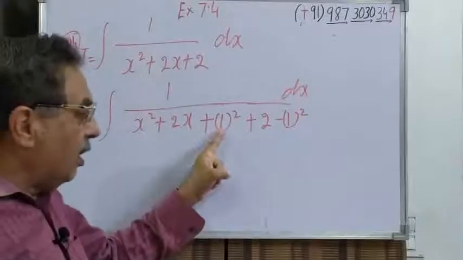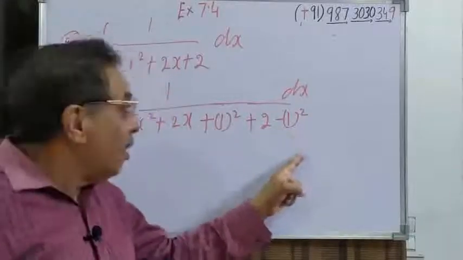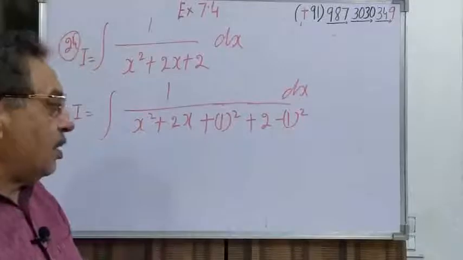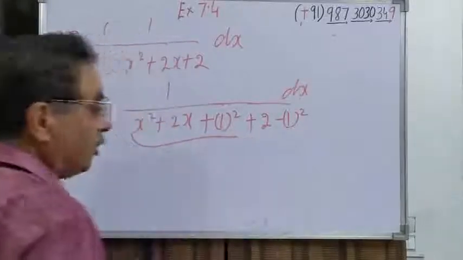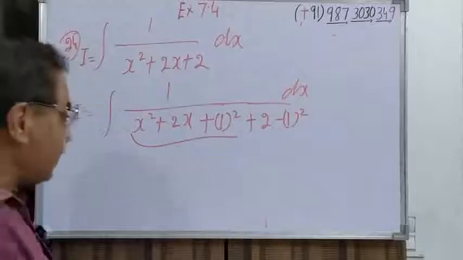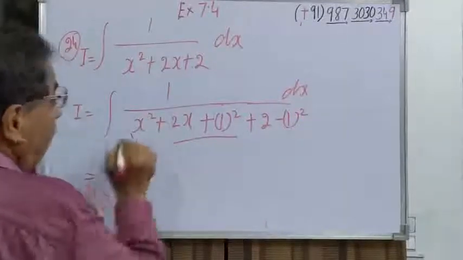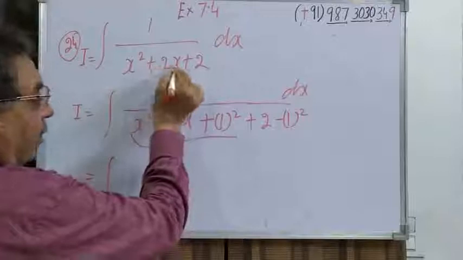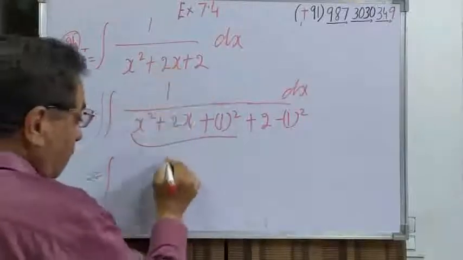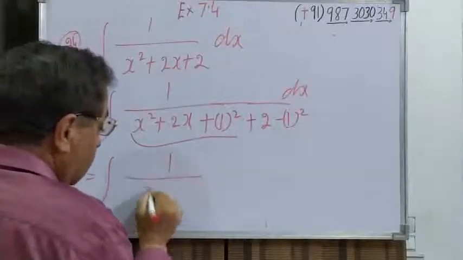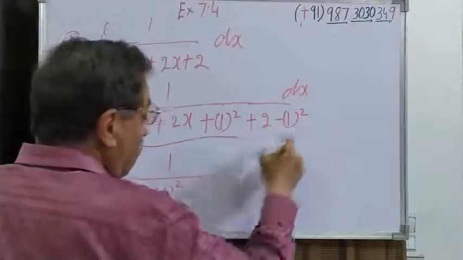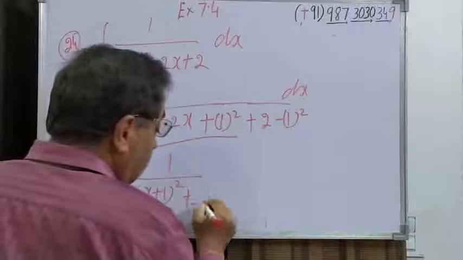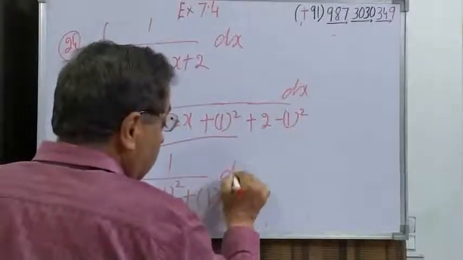Add 1 square and subtract 1 square, and this 2 as it is. Now these three terms always become a perfect square. If we take the square of half of the coefficient of x, this would be x plus 1 whole square. And 2 minus 1 square, we get 1 square, and dx.